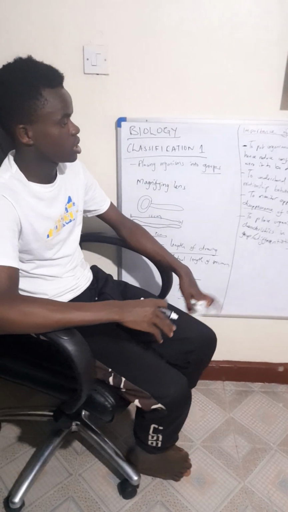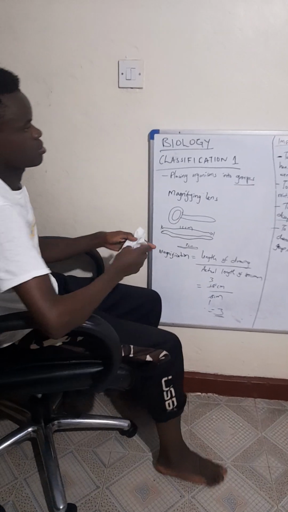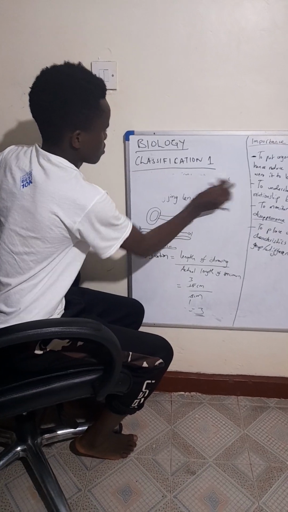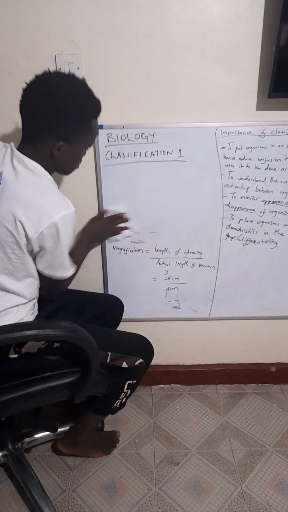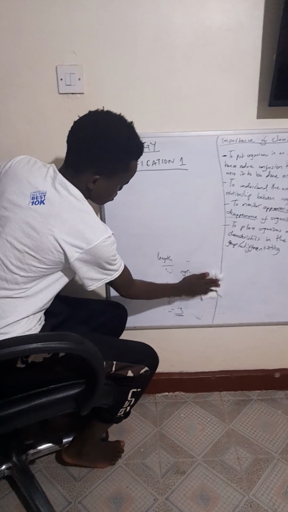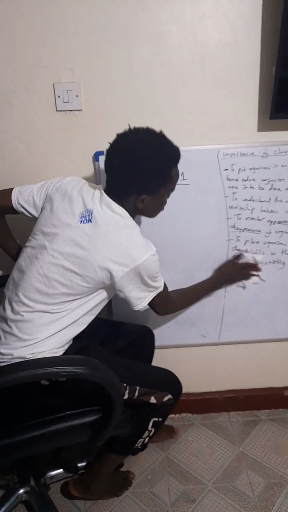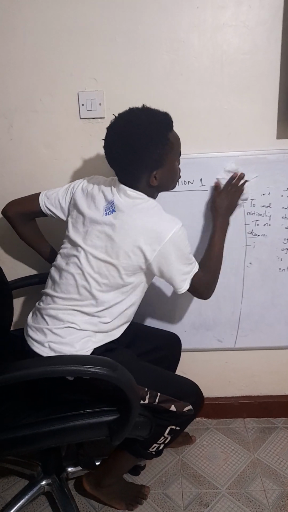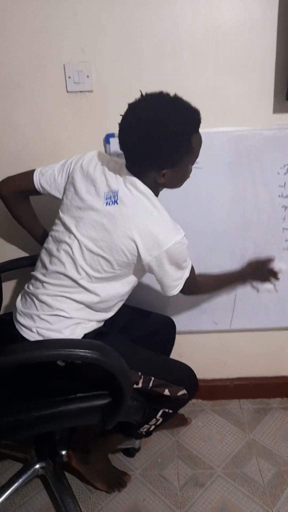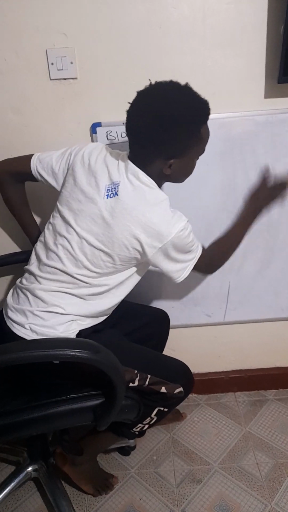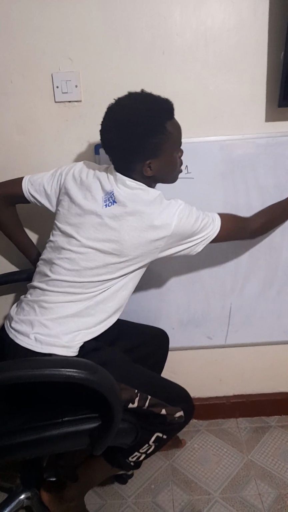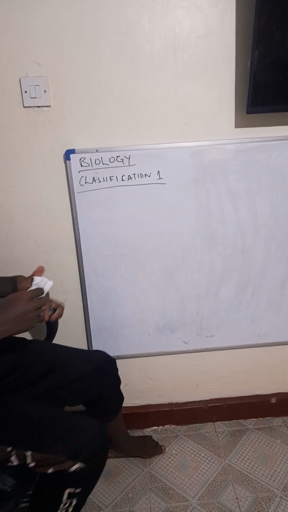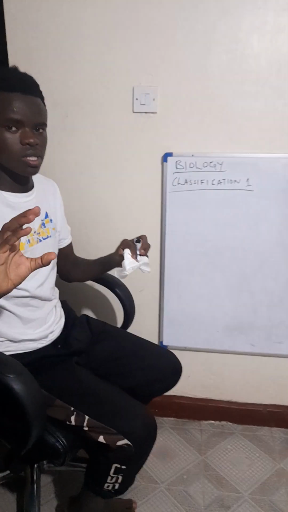So now let's move on to the units of classification. You have to keep in mind that we have a lot of organisms in this world, and so it's necessary to have broader units and smaller units.